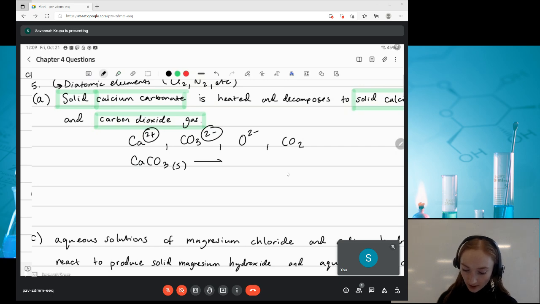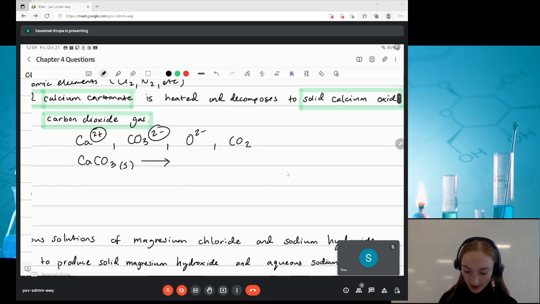So an arrow here, and then calcium oxide, and so that's calcium again, and oxide, which is oxygen, the ionic compound oxide. Calcium has a 2+, oxygen has a 2-, so it's neutral again, we don't have to change anything. And it said it was a solid in the question.